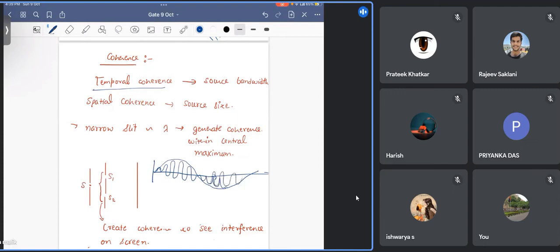So this will represent how your whole group of waves is changing, and within this group the phase will remain maintained, and this will tell you the bandwidth kind of thing. How could I explain the bandwidth part?